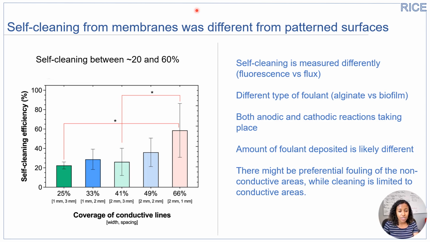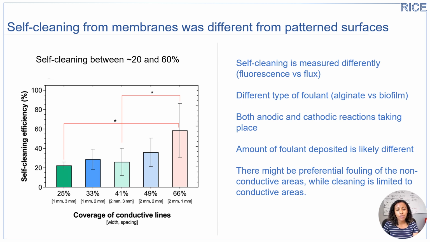There are several major differences between the membranes and the surfaces. First, self-cleaning is measured differently. Here we're looking at flux recovery versus using fluorescence to see the amount of biofilm. We're also dealing with a different type of fouling with the membranes versus the surfaces. In this case, in the membranes, both anodic and cathodic reactions were taking place.